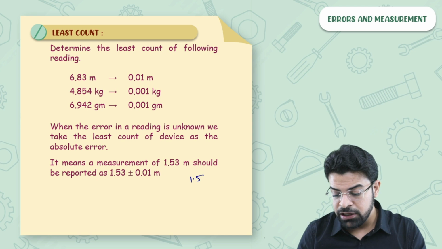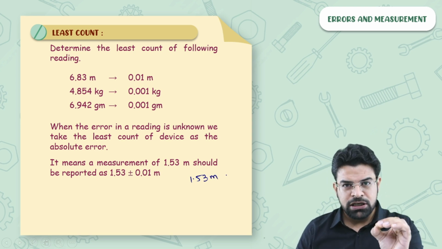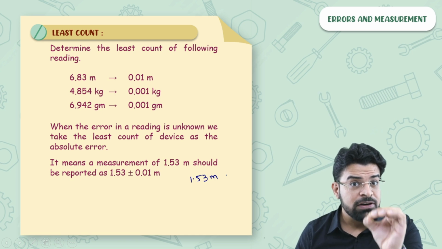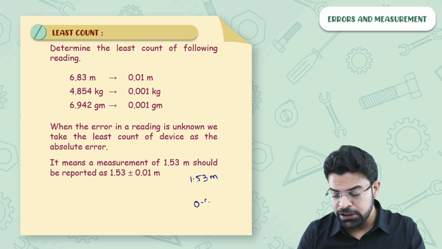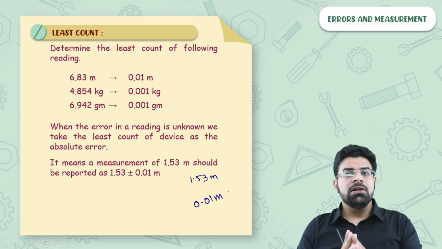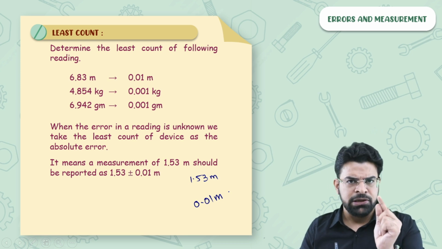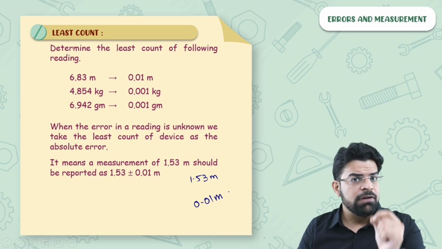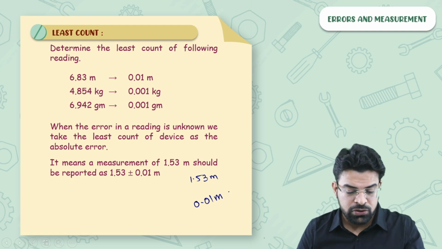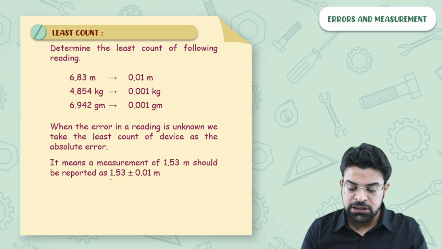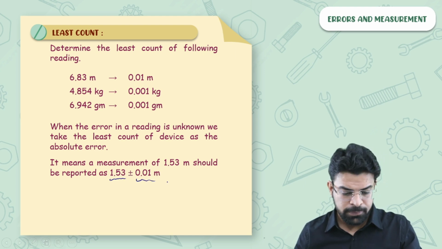If you get a reading of 1.53 meter, it means that the device you have used can measure up to 2 places after the decimal. So the minimum you can measure using this device is 0.01 meter. When the error in a reading is not known and you have got only a single reading, then the least count of the device used to make the measurement is taken as the absolute error, and you report the answer as 1.53 plus minus 0.01 meter.